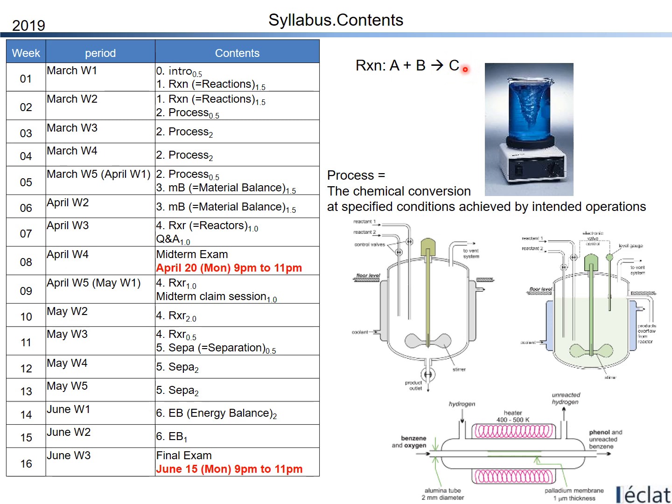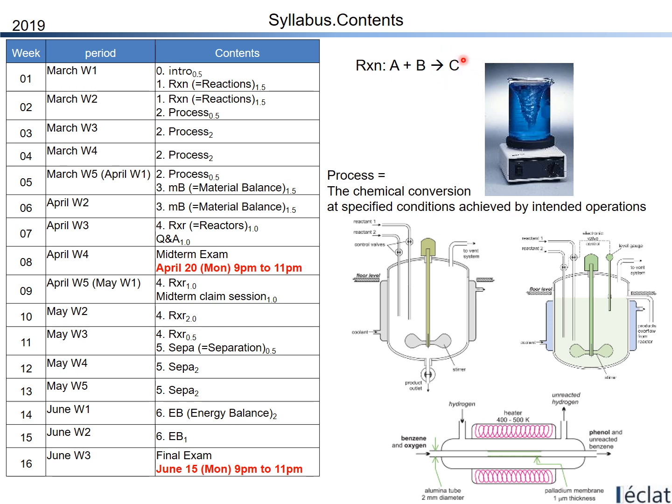So let me try to make this product C. In the lab scale, in a beaker, you can pour A and B as reactants and then mix them together. Sometimes you require some temperature, like 100 degrees Celsius or something like that. Then after some time, you will get the product C.